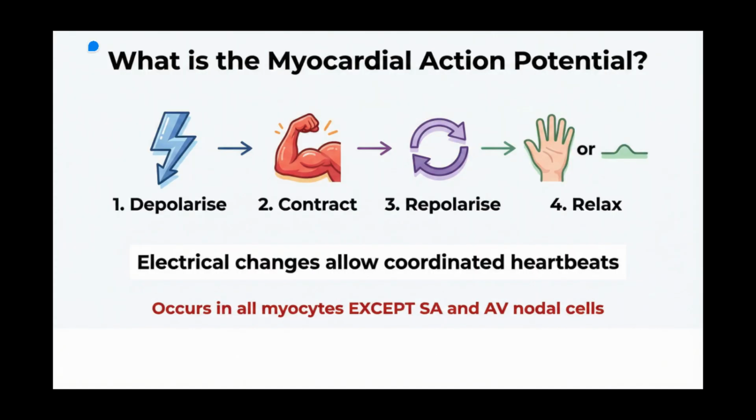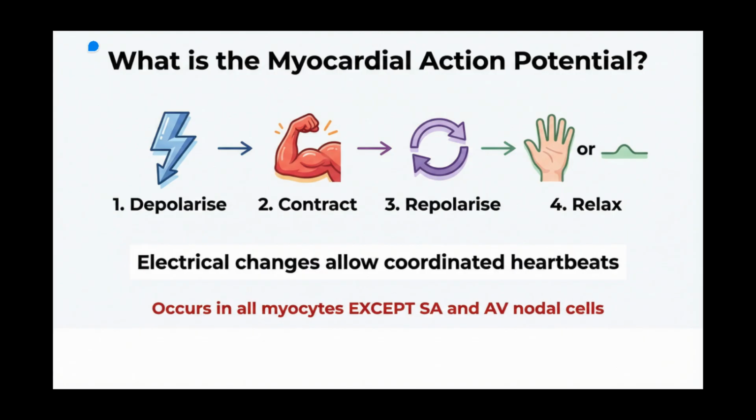What is the myocardial action potential? The myocardial action potential refers to the electrical changes across the membrane of cardiac muscle cells that allow them to depolarize, contract, repolarize, relax. This electrical cycle enables coordinated heartbeats.